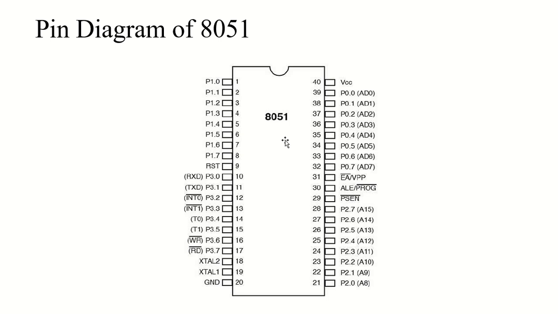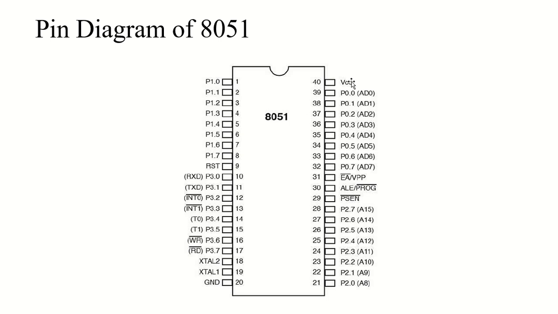Only the remaining 8 pins are designated for the remaining tasks. As you have already studied the pin diagram earlier, which would be the pins dedicated for different tasks?